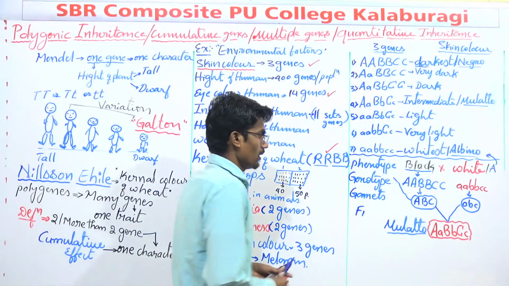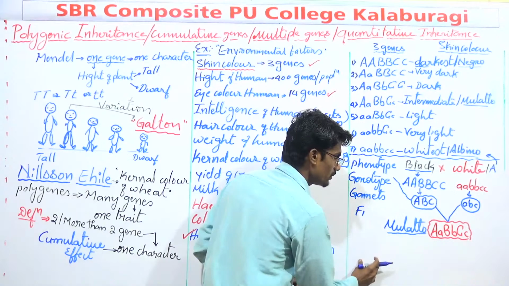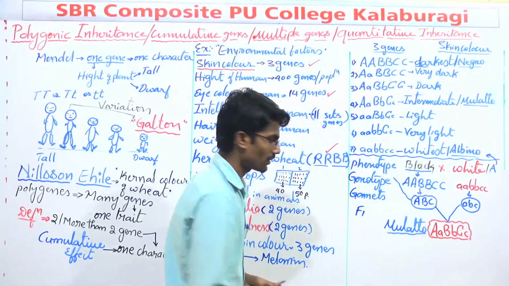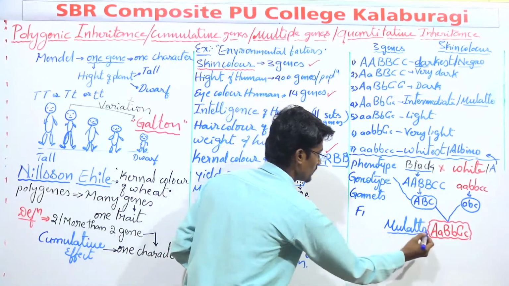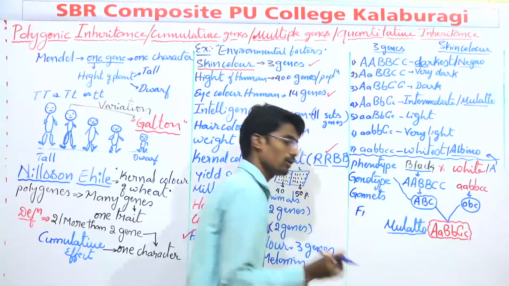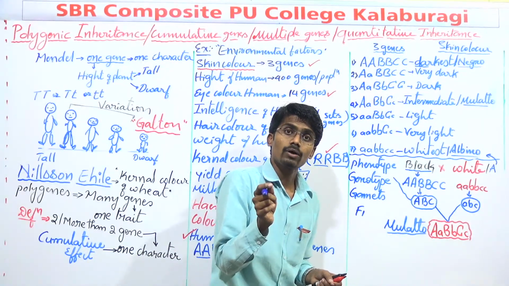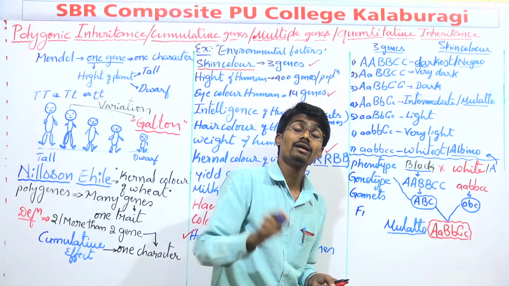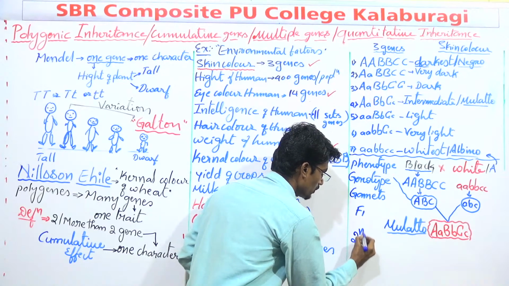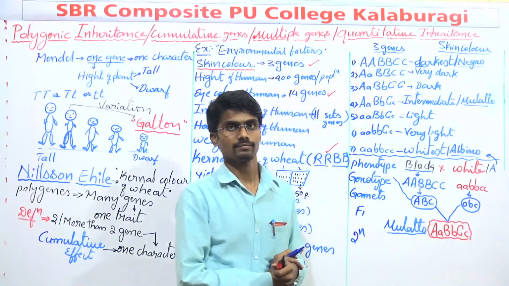Got it? Dear students, you must remember how many gametes are produced in this case. The gametes from this progeny. What is the formula? There is one formula to identify the number of gametes produced by heterozygous condition, that is 2 to the power of n.